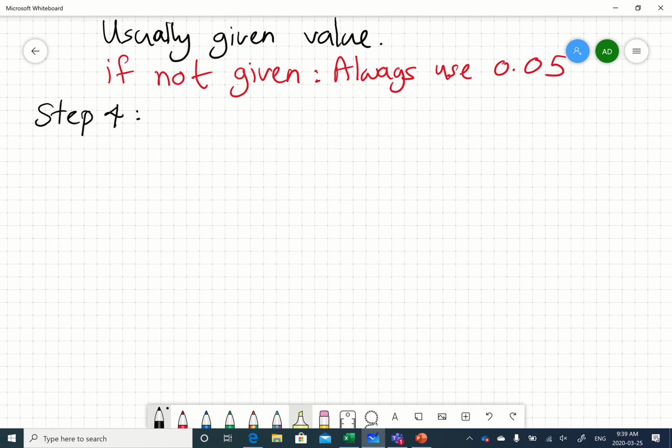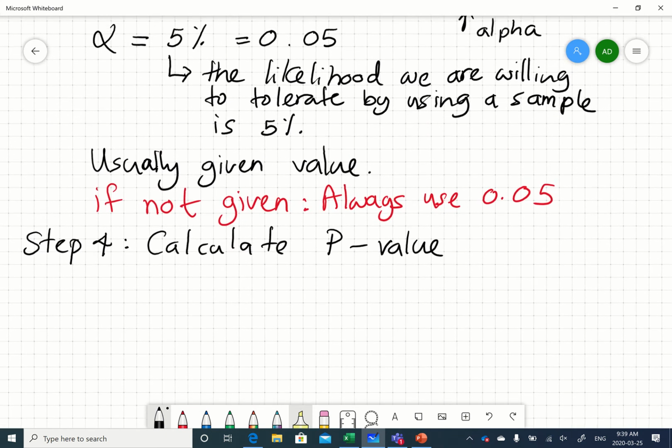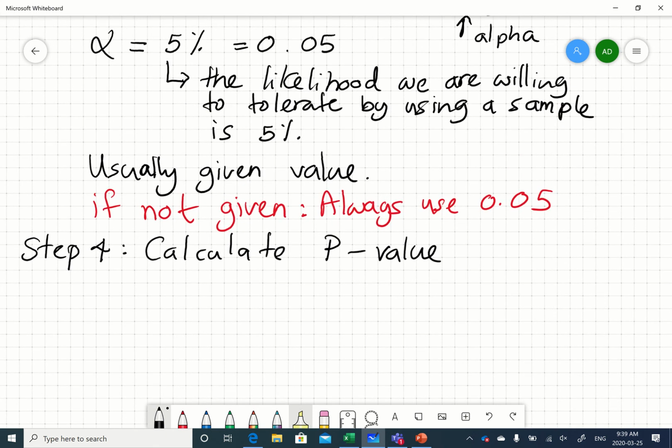Okay, and step 4, again we are going back to another calculation. Calculate a value called the p-value. Again, this will be done through MegaStat, so I'm not going into details. I will just explain what it means. We know alpha, the significance level, is the level that we are willing to tolerate.